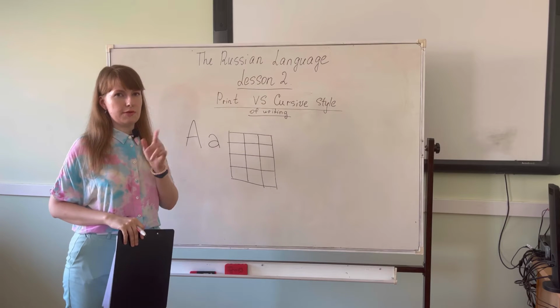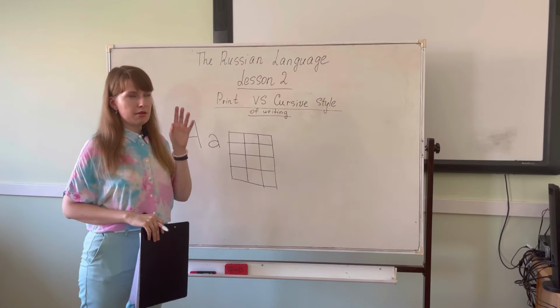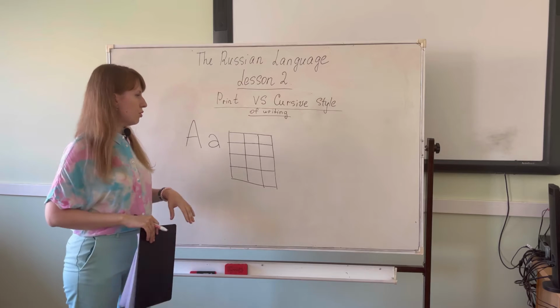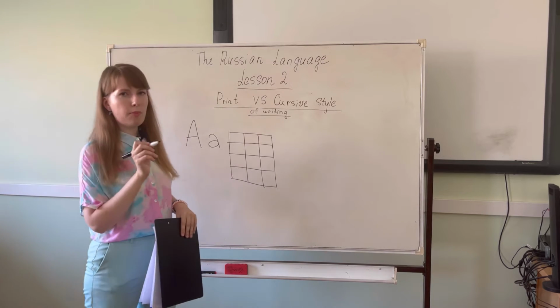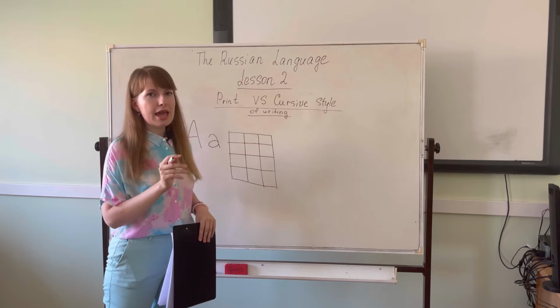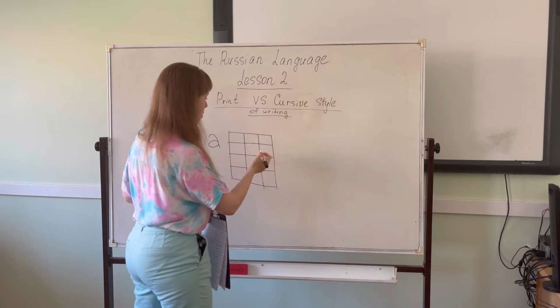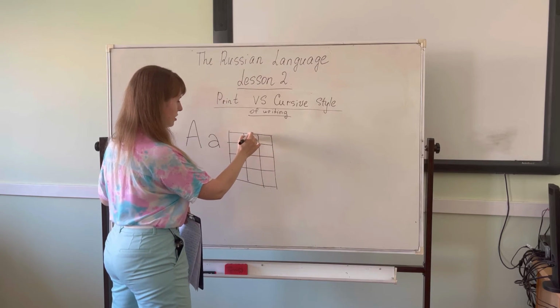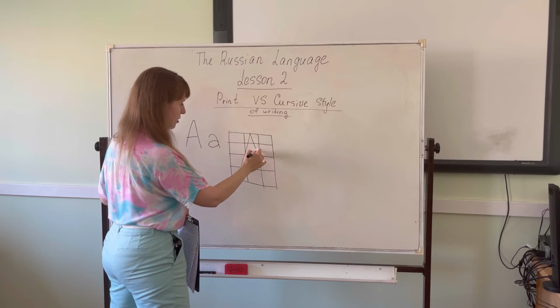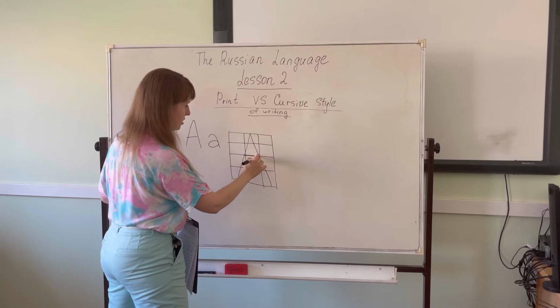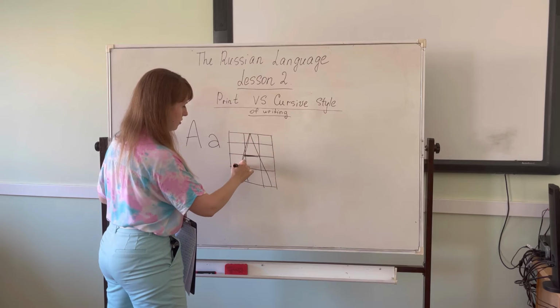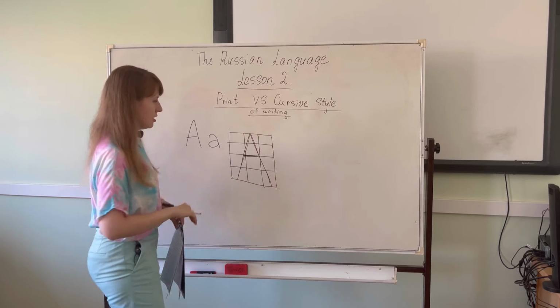And another tip I'd like to give you is that the best way to write a proper cursive letter is to keep it a bit diagonal. You see, when you write a print style R, for example, you keep it straight like this, right?